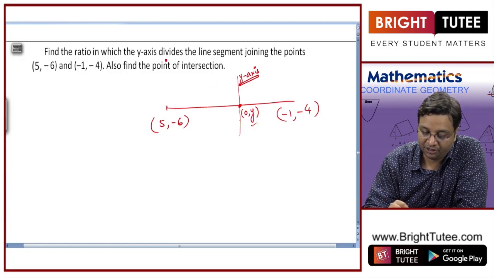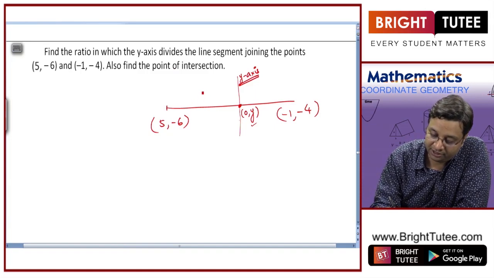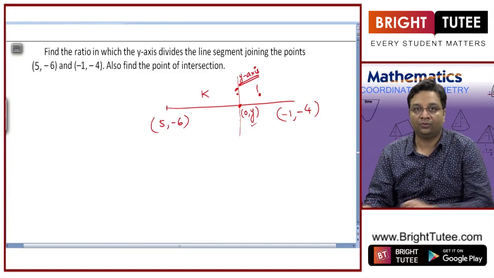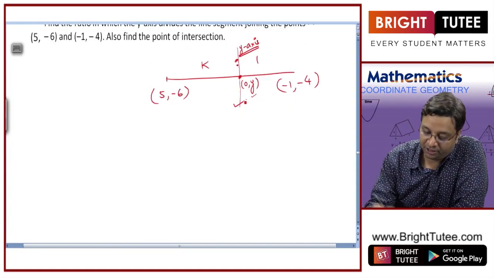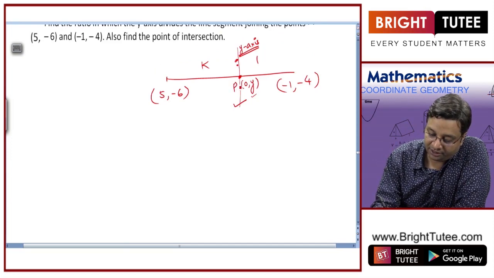Find the ratio in which this y-axis divides the line. So first of all we need to find this ratio. Let's assume this ratio is k is to 1. As we did in previous questions, what will be the x coordinate of this point of intersection? Let's say this is point P. The x coordinate is 0.